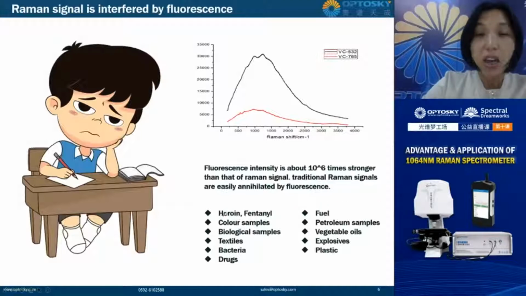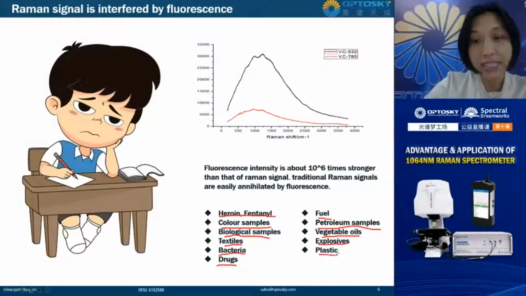You can see heroin and fentanyl have high fluorescence, and so do colored samples, and also biological samples like textiles, bacteria, and drugs, and also fuel and petroleum samples, vegetable oils, explosives, and plastics. All these materials have high fluorescence.